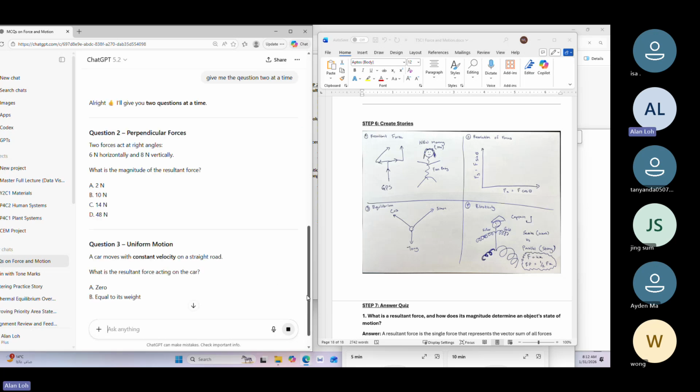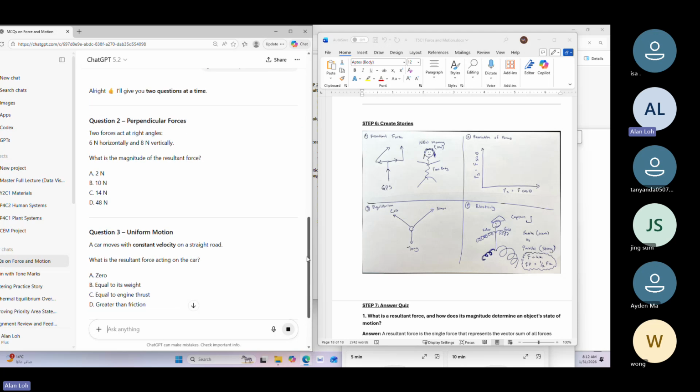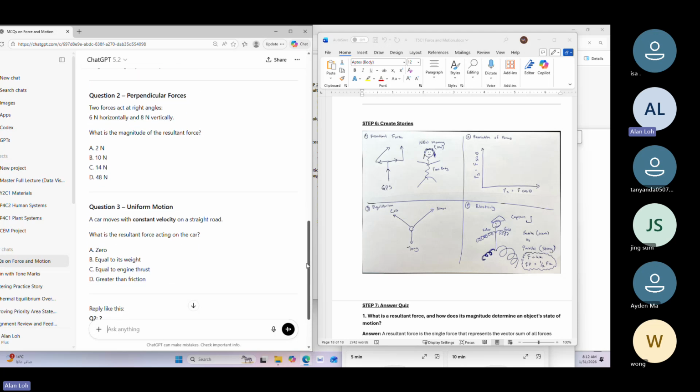Okay, so we have 2 questions. Ding Sum, you do question number 2. Xingling, do question number 3. Tell me which drawer and which answer, A, B, C, or D. You can type if you want. Which drawer, which answer?